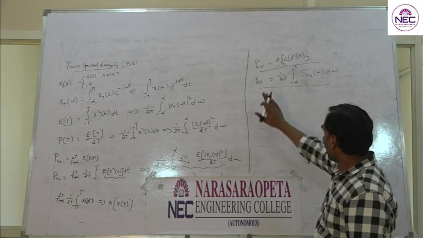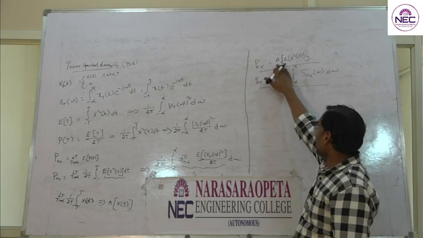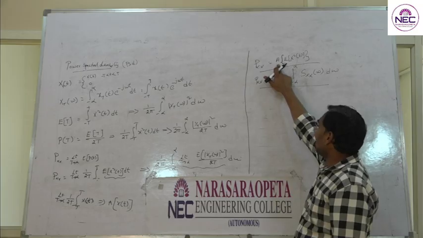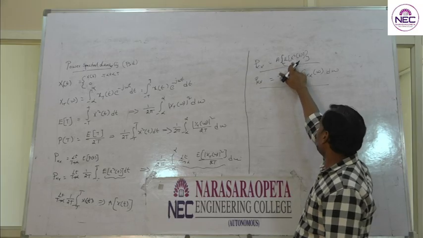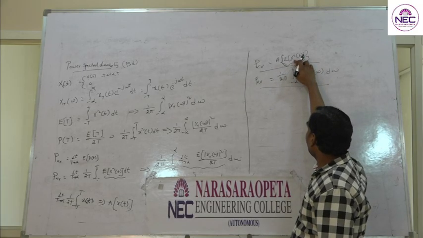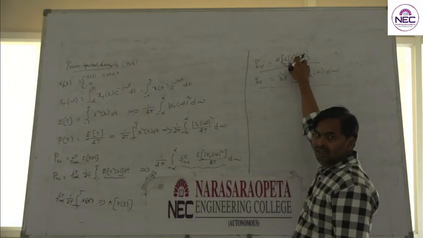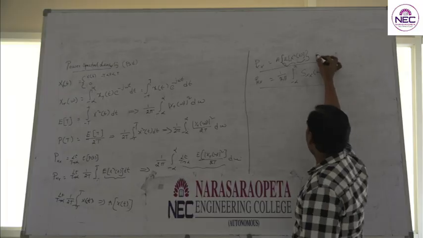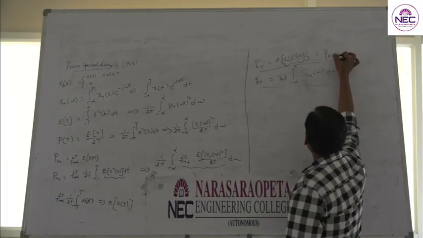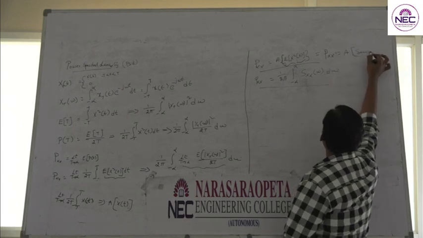So these are the two formulas for power spectral density, that is the average power spectral density. The average power is given as the time average of the expected value of the second moment. The expected value of x square of t can be represented as the second moment. So this can be given as Pxx, the average value of the second moment.